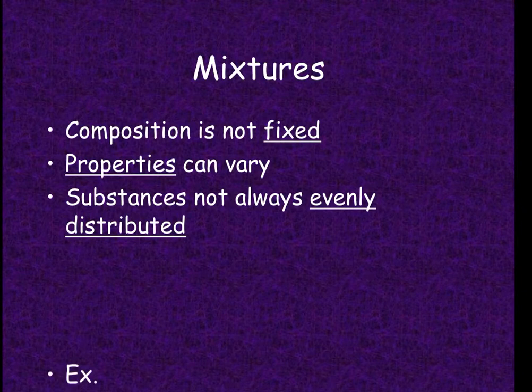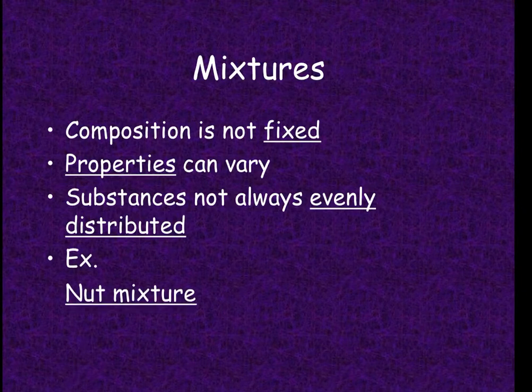And I've got two real-world examples of mixtures for you. The first one is a nut mixture. You go to the grocery store and buy a can of mixed nuts off of the shelf, and you open it up. Usually at the top you'll find a lot of almonds, a couple of pecans, maybe those big filbert nuts. And then by the bottom, all you've got left are the peanuts.